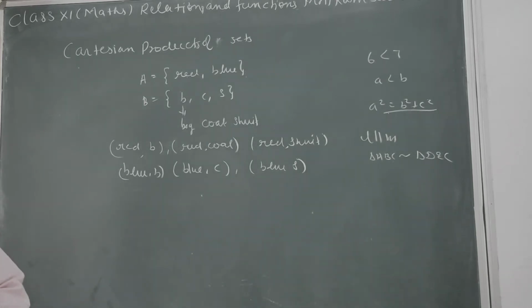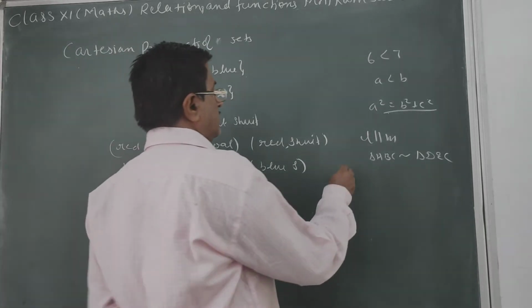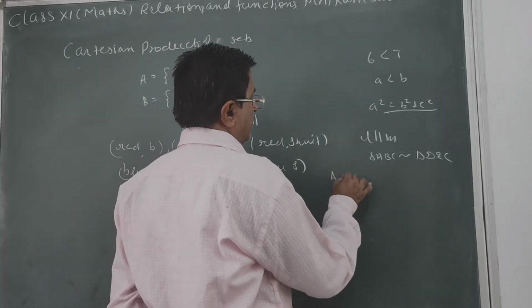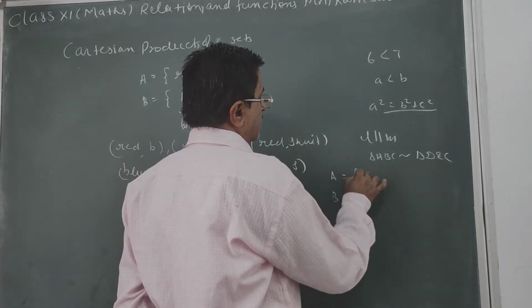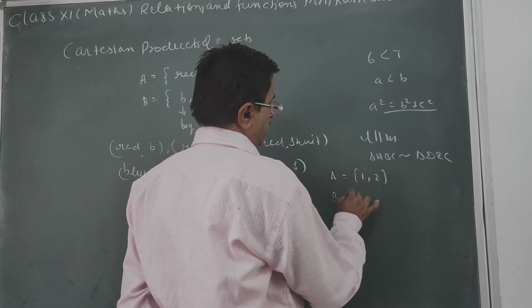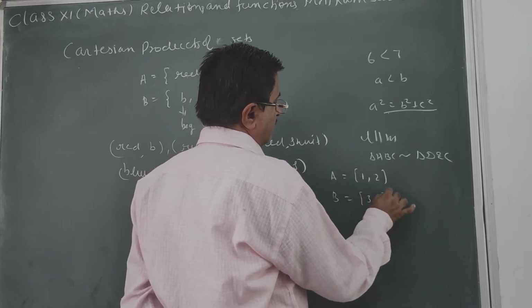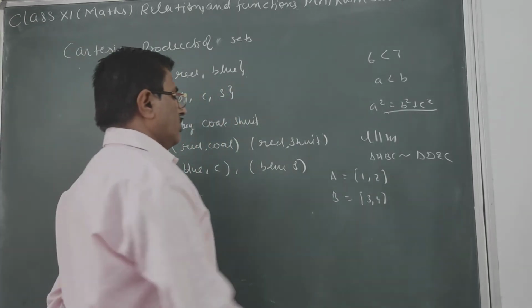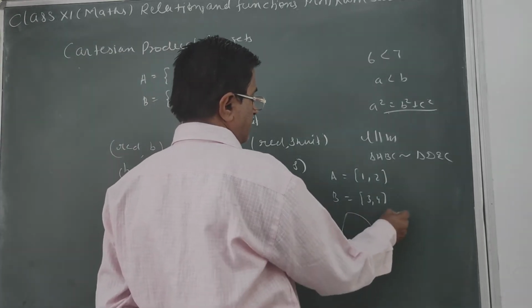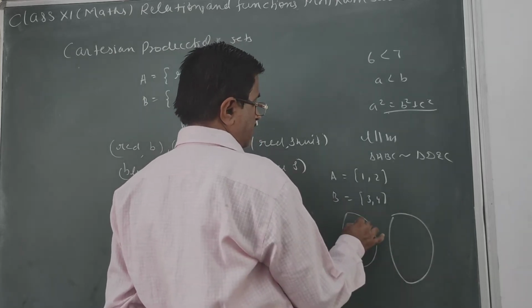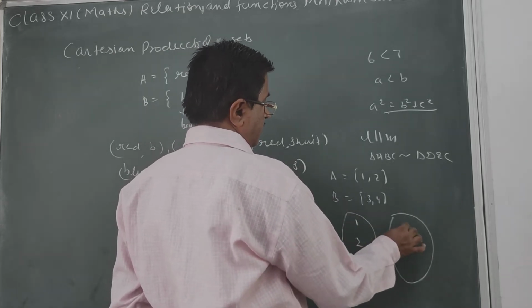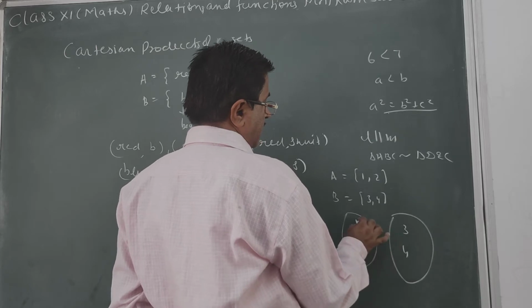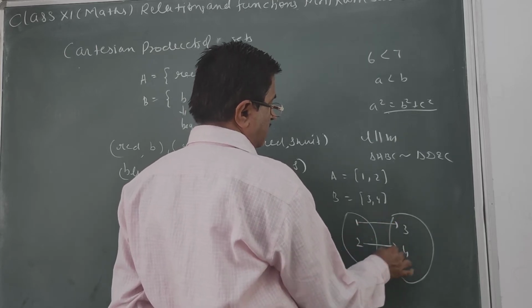In the first chapter we have already seen, if we are given two sets A and B, with A containing elements 1, 2 and B containing 3, 4, then we can write the ordered pair or relation, or draw it diagrammatically as an arrow diagram, suppose 1 with 3 and 2 with 4.